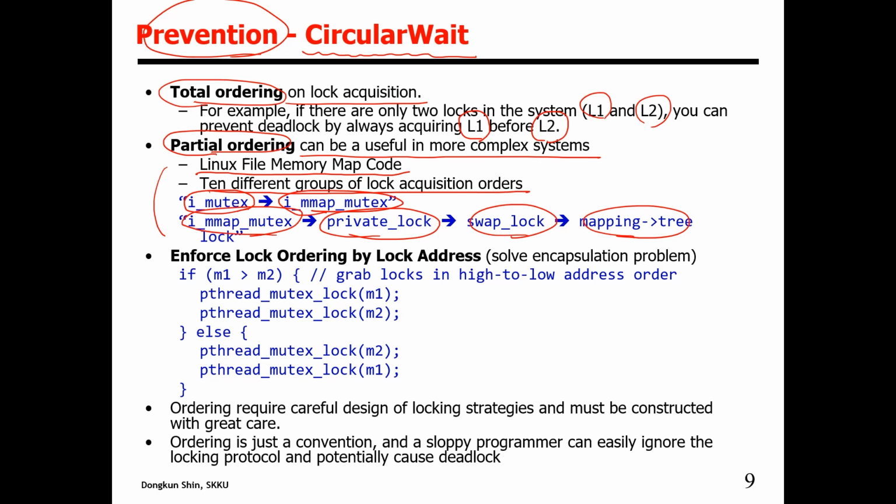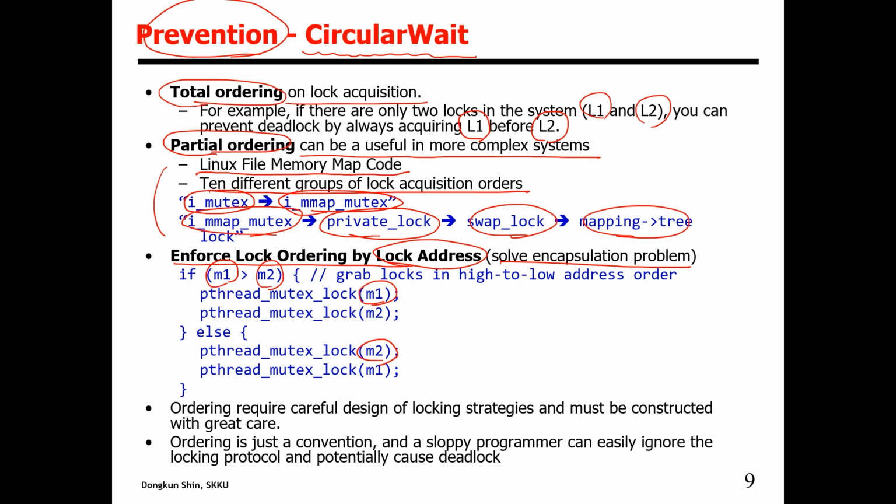Another technique is to enforce lock ordering by lock address. By using this technique, we can solve the encapsulation problem presented in the previous slide. For example, by comparing the lock addresses of 2 lock variables, the lock variable with the lower address is accessed first.